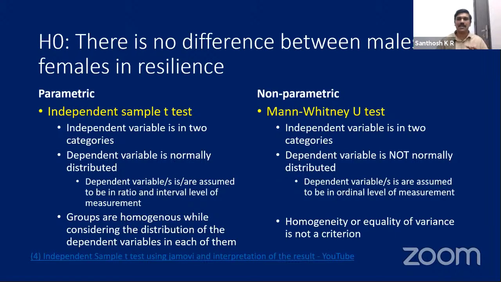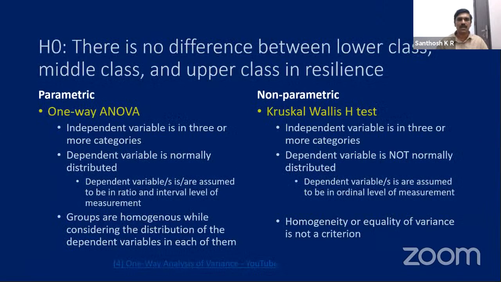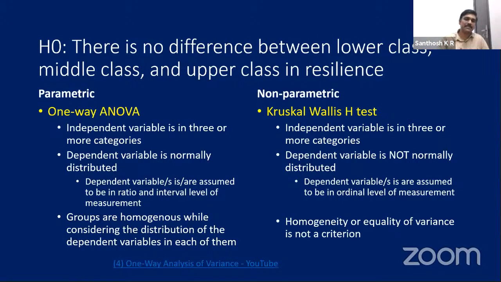Now, imagine instead of two different categories, previously male and female, we have three different categories in the independent variable. If there are two categories, we can go to the independent sample t-test or the Mann-Whitney U test.